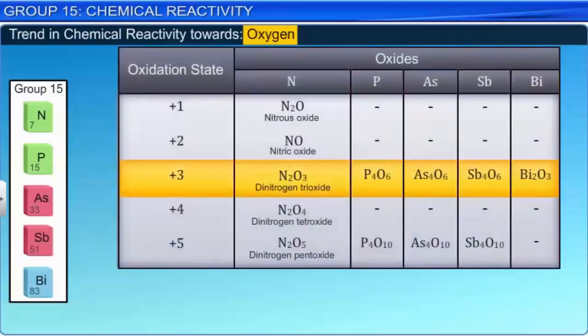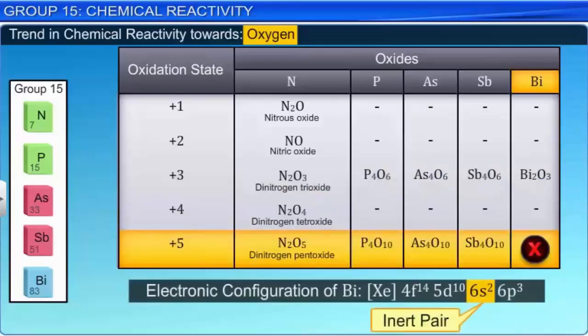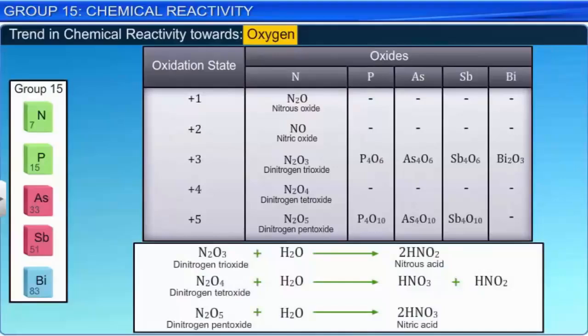Bismuth can't form oxides in +5 oxidation state because of the inert pair effect. The lower oxides of nitrogen, such as nitrous oxide and nitric oxide, are neutral, while the higher oxides, such as dinitrogen trioxide, dinitrogen tetroxide, and dinitrogen pentoxide, are acidic.